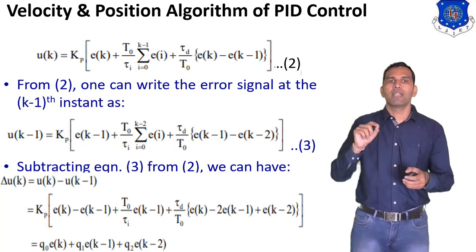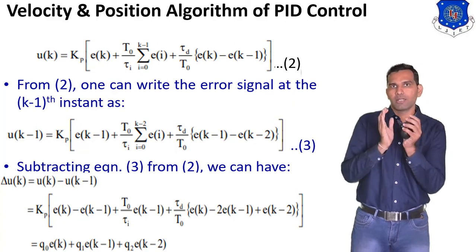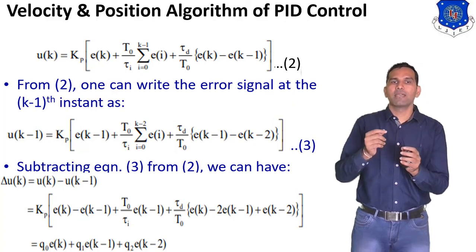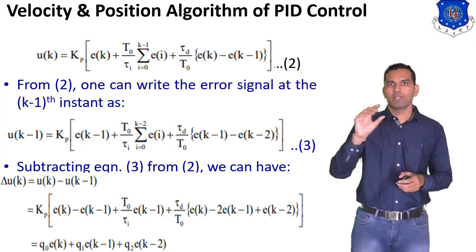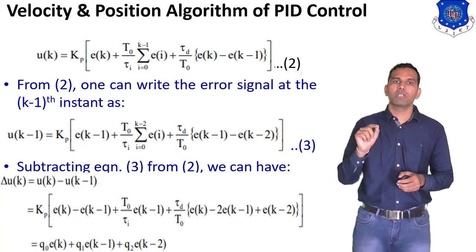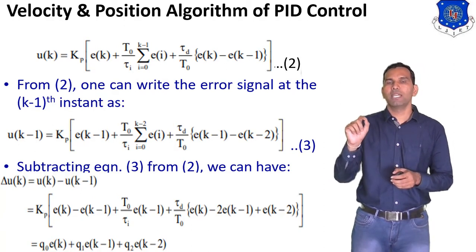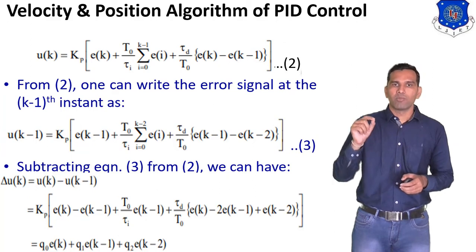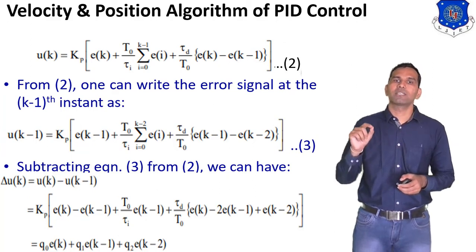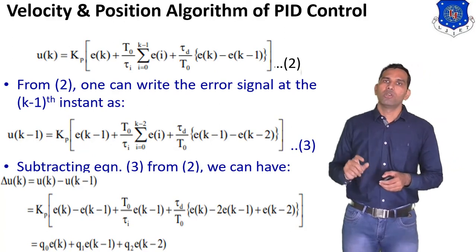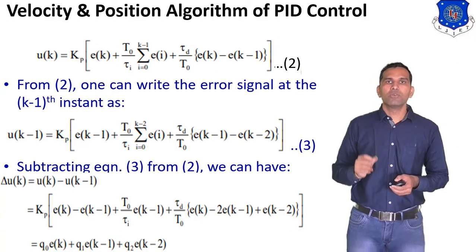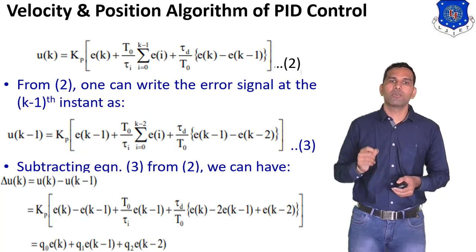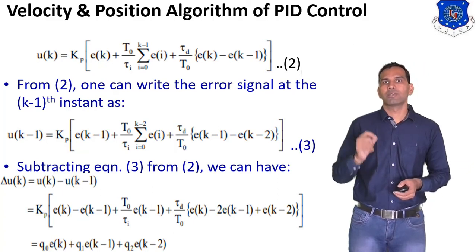So we can write the difference as delta u(k). Kp is common, and the first term is e(k) minus e(k minus 1). The integration term we can write as t0 upon Ti e(k), plus Td upon t0 times e(k) minus 2 e(k minus 1) plus e(k minus 2). So we can write this equation in a simple form as q0 e(k) plus q1 e(k minus 1) plus q2 e(k minus 2).